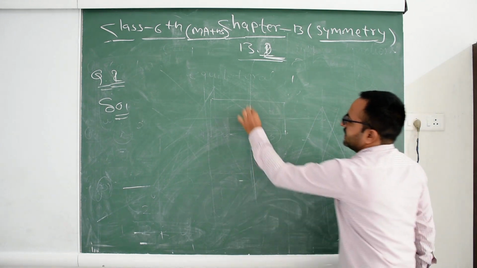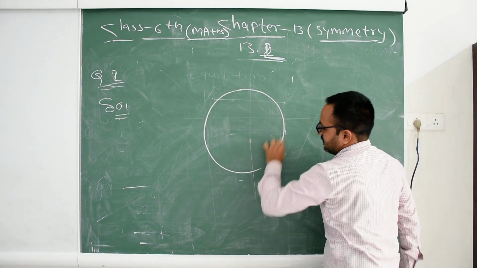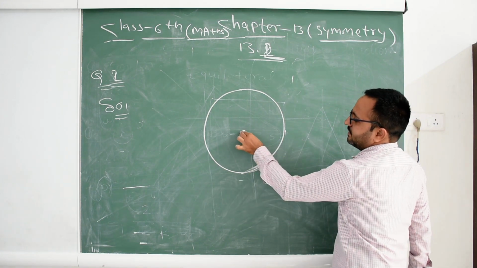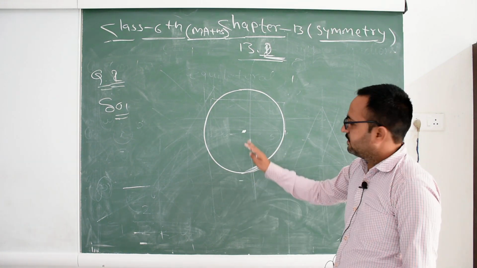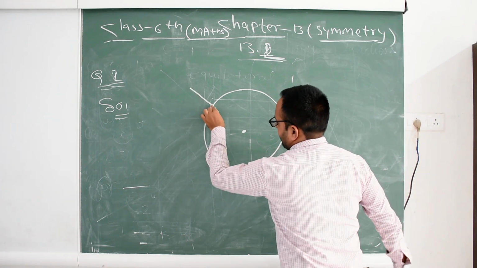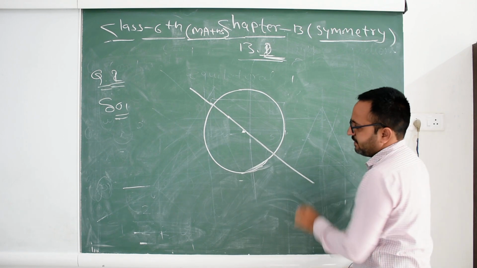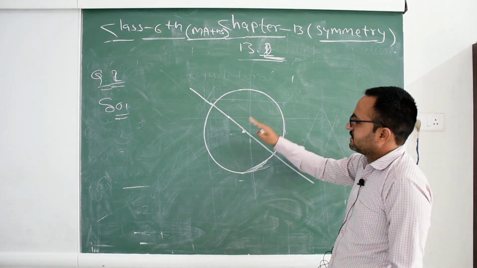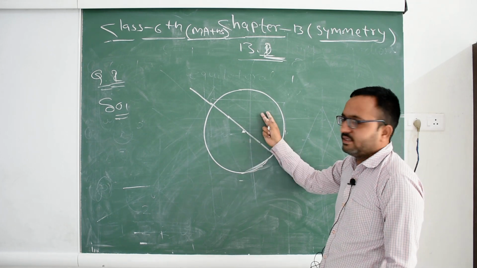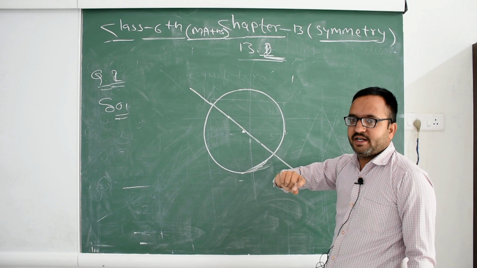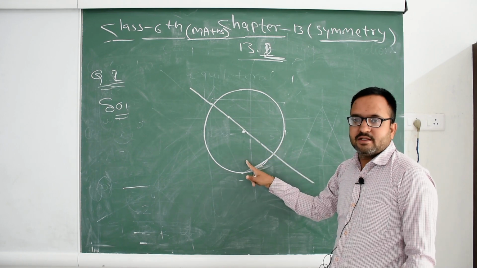So first we draw the circle, and a circle has one center point. Okay, so if we draw any line of symmetry passing through the center, this line divides the circle into 2 semicircles.